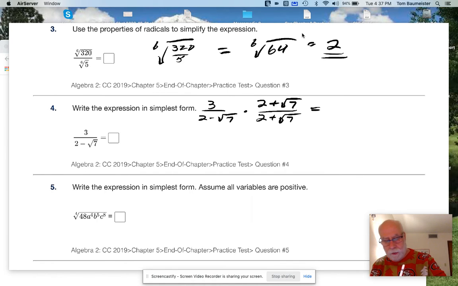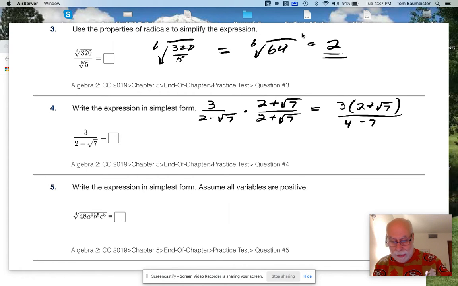Once I do that, on the top, I'll have 3 times 2 plus the square root of 7. And on the bottom, remember, it's going to become a difference of squares. So 2 times 2 is 4. The square root of 7 times the square root of 7 is just going to be 7. So then you're going to get 3 times 2 plus the square root of 7 divided by negative 3.